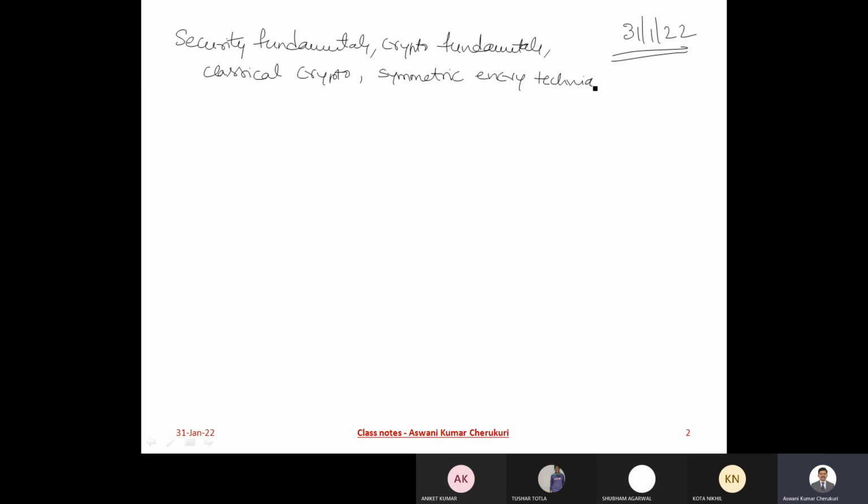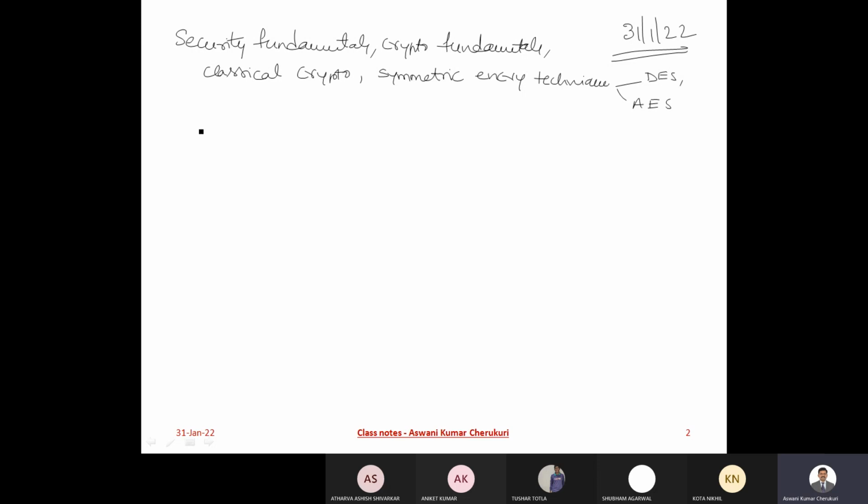In this we have seen DES, then we have seen AES, right? Of course, when it comes to DES, we have seen DES, double DES, meet in middle attack, and triple DES. Then we have discussed the advanced encryption standard. Okay, so these are all about symmetric encryption techniques.